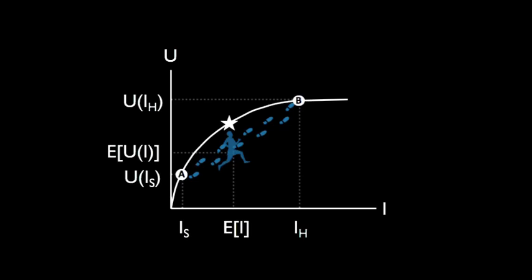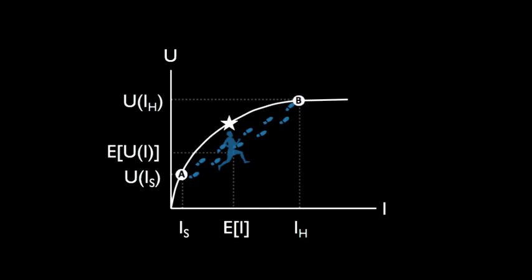Okay, now we're going to do some mental gymnastics. What I want you to think about is, what does the star that is now on the figure mean? Note that it's stacked on top of the person's expected income, but it's on the utility function. The star is going to be the utility a person would get if they actually got the expected income.